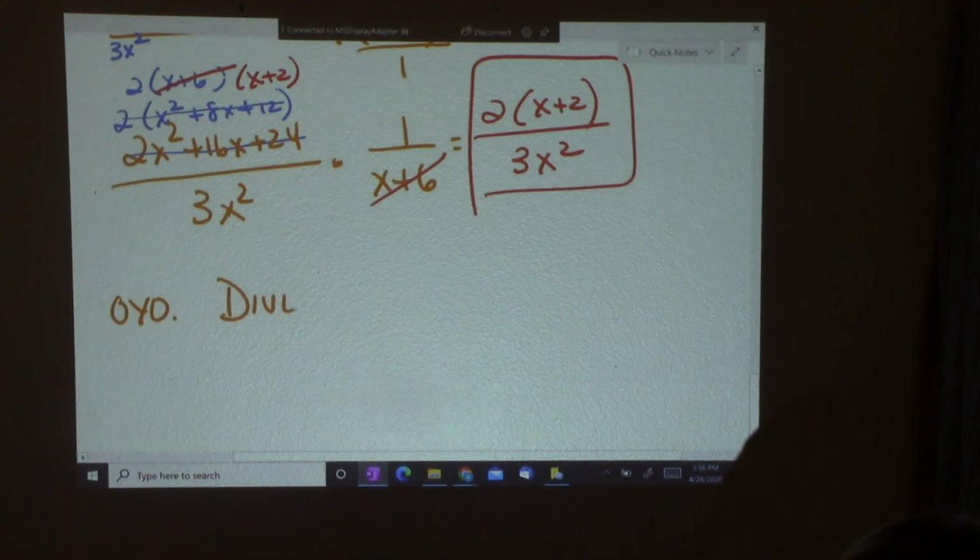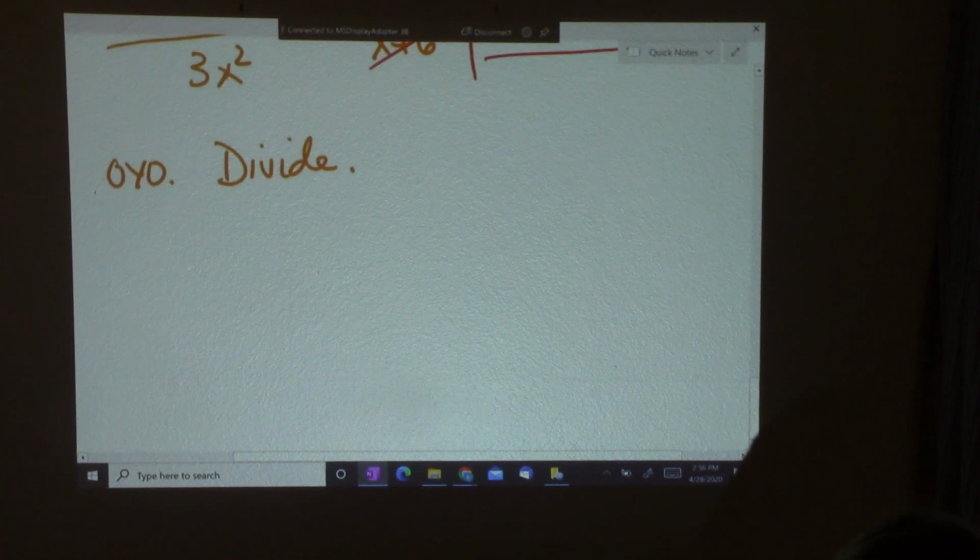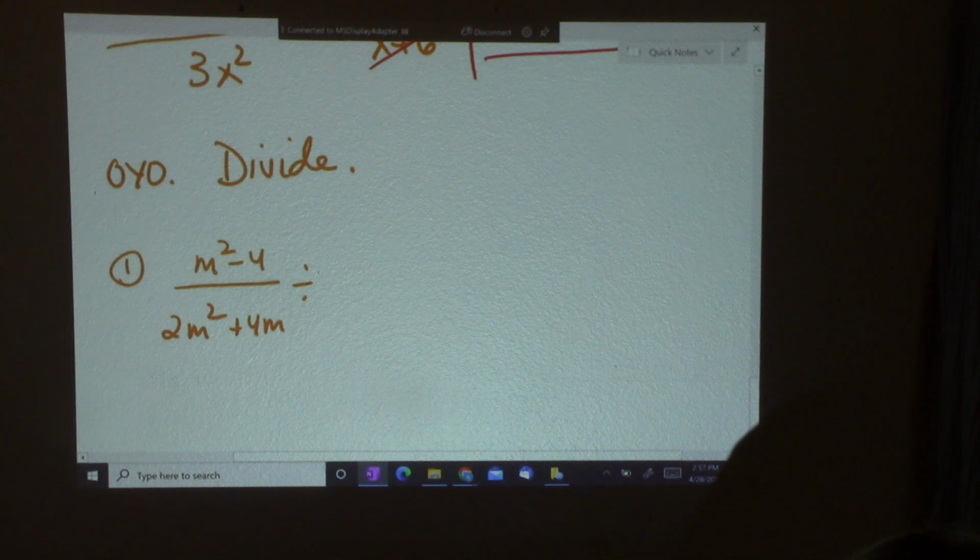So the directions are divide, and then we have number 1, m squared minus 4 over 2m squared plus 4m divided by 6m minus 3m squared over 4m plus, hang on, that doesn't look right.